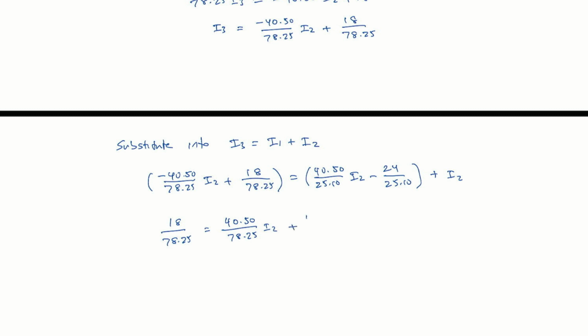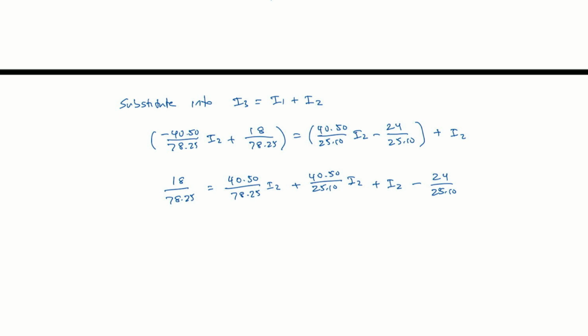We've got the 40.50 over 25.10 I2. We've got an I2, and we've got a minus 24 over 25.10. So let's add the 24 divided by 25.10 to the other side. So 18 over 78.25 plus 24 over 25.10.